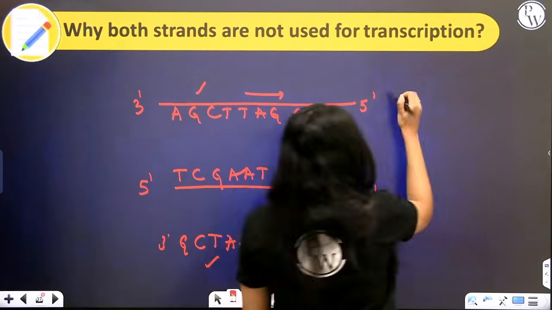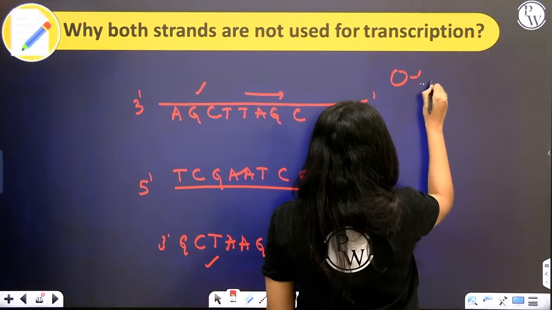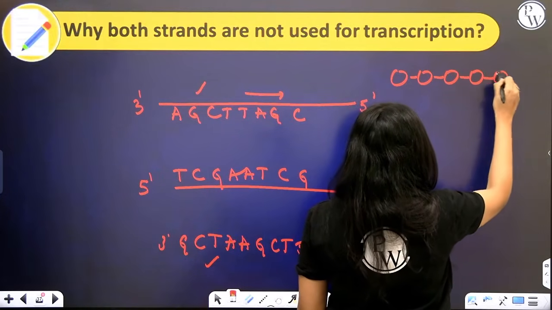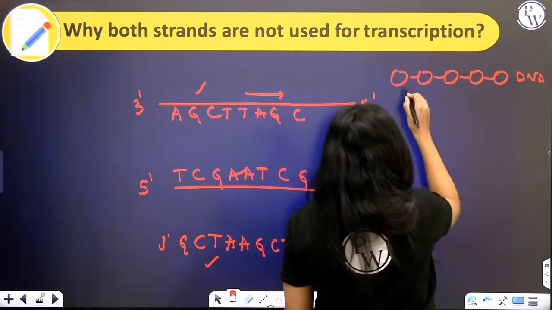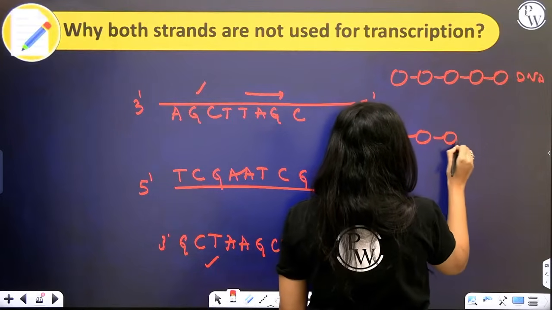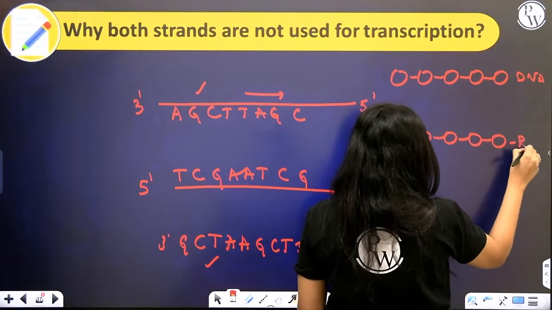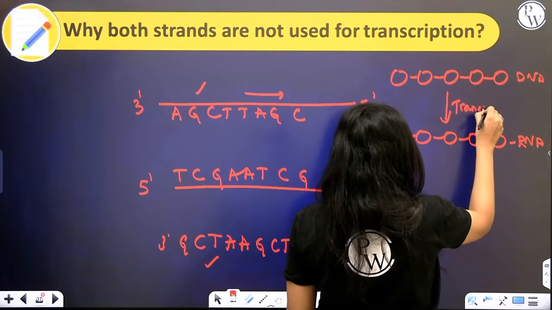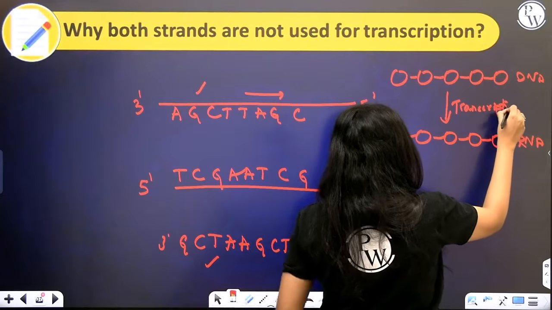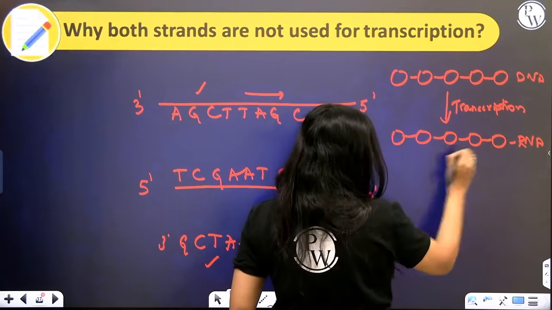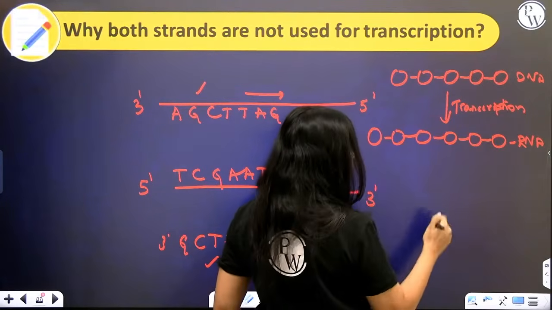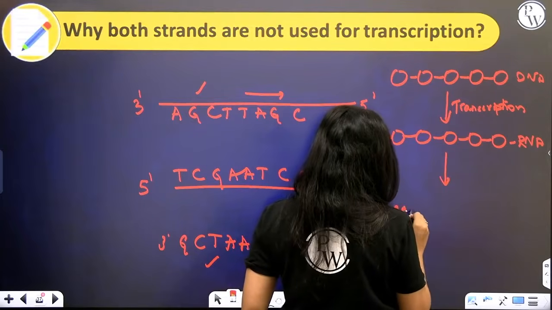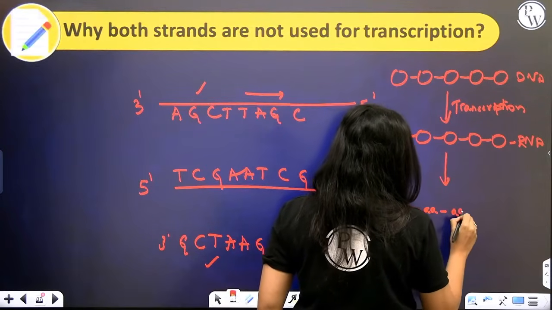You know that nucleotides join to make DNA. From that DNA, you get RNA by transcription. The sequence of nucleotides here will determine the sequence of amino acids in the protein.